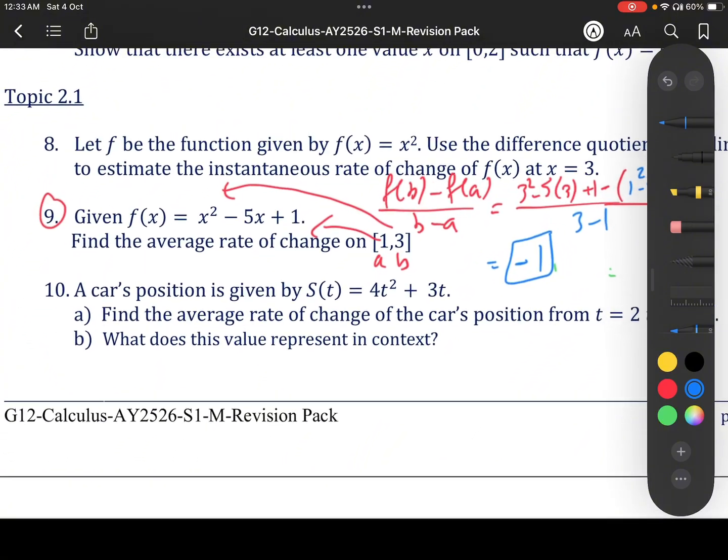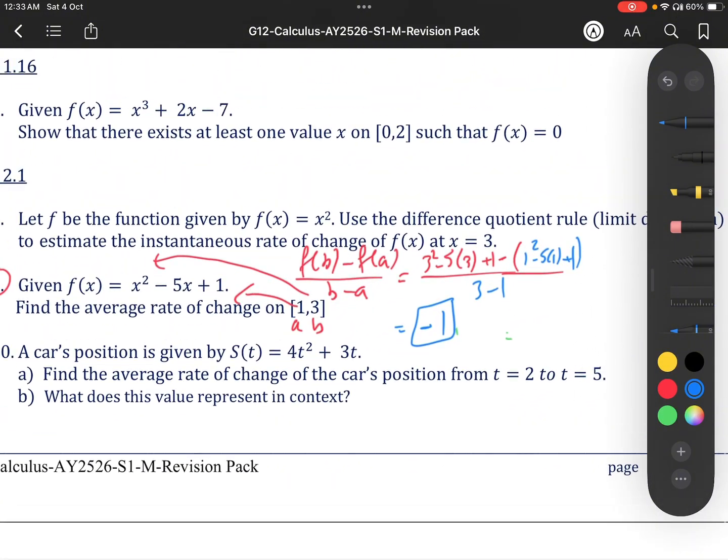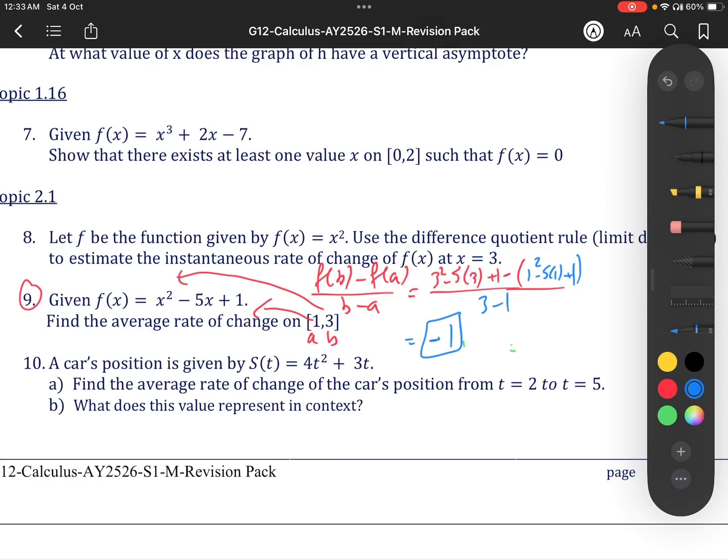Number 10, a car's position is given by this equation. Find the average rate of change between t equal 2 and t equal 5. So it's going to be the same thing. F of 5 minus f of 2 divided by 5 minus 2. So also I'm going to replace 5.